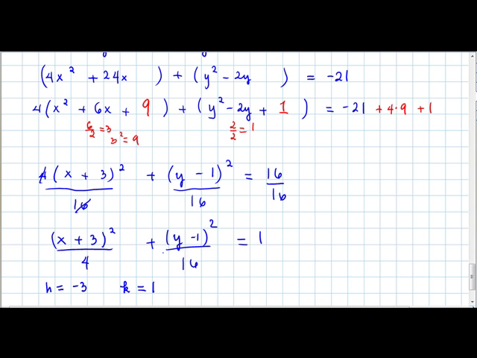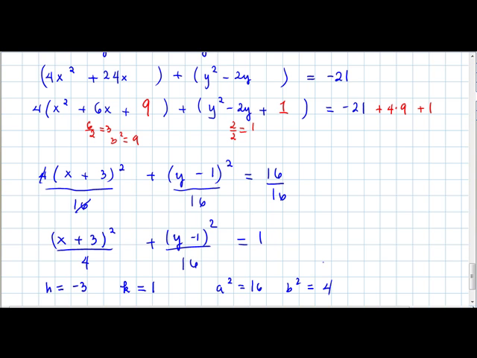Because the y squared has a larger denominator, the major axis is along the y-axis, so the y-axis will be parallel with our major axis. Therefore a squared equals 16 and b squared equals 4.